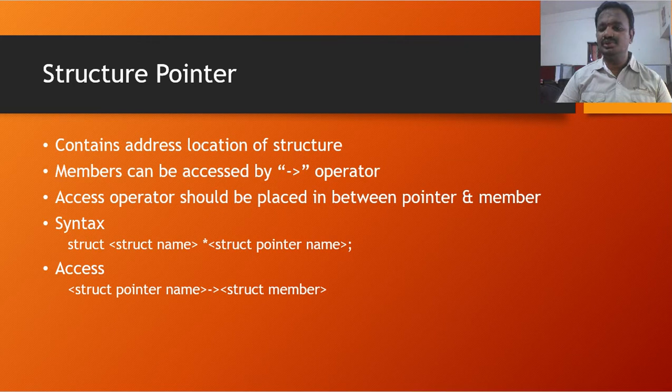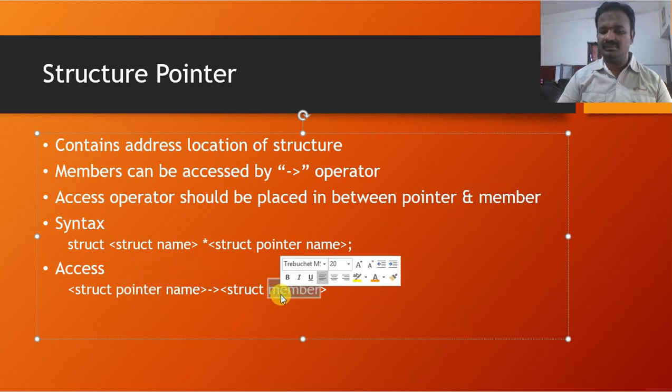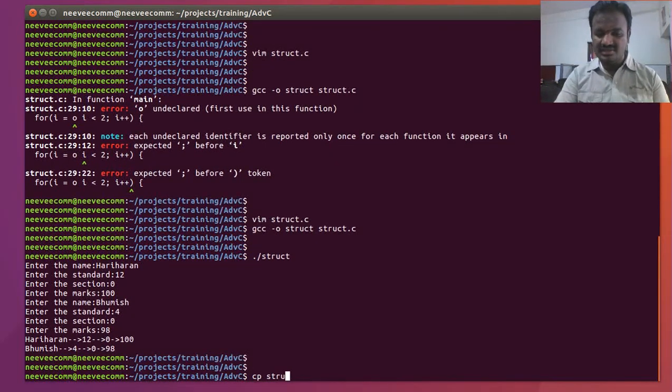For example, to define it we use struct name and the struct pointer variable name, and we can access the corresponding member, which we will see here.